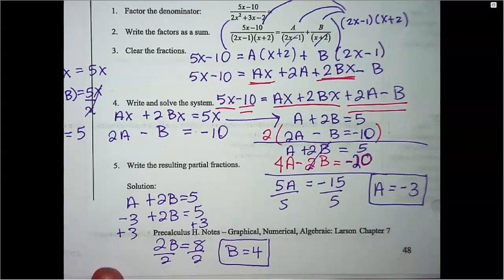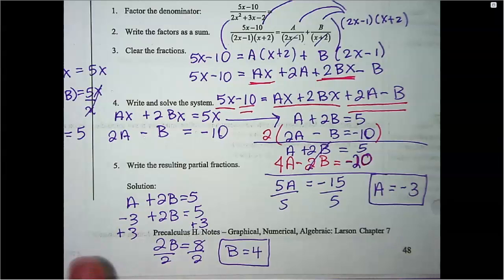Now, we are not done because we found A and we found B, but what are we trying to do? We're trying to write a partial fraction decomposition. So what we're going to do is go up to the top of our problem, and we're going to actually write the broken up fractions, okay?